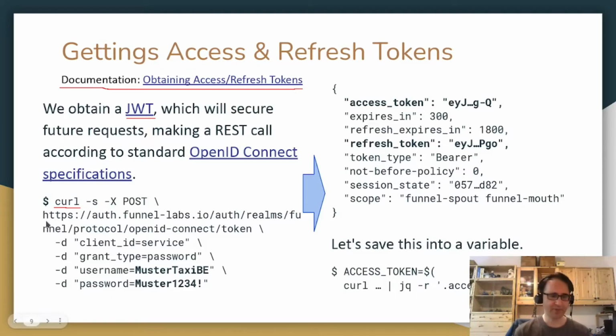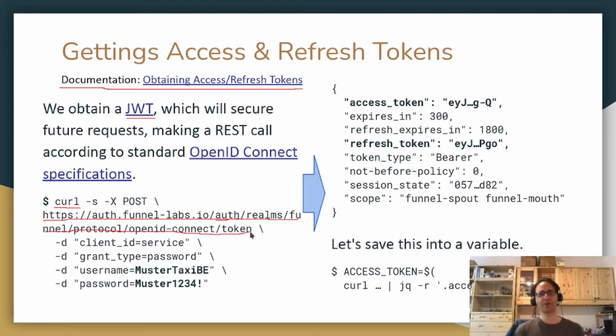In this case, there's a base URL that's common to all these requests. It's https://auth.funnellabs.io/auth. So we start getting a token by using the path auth realms funnel protocol OpenID connect token.